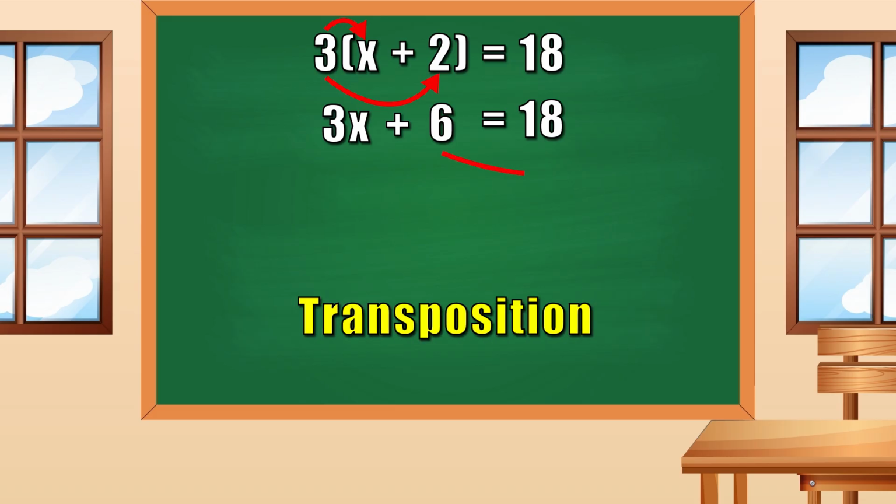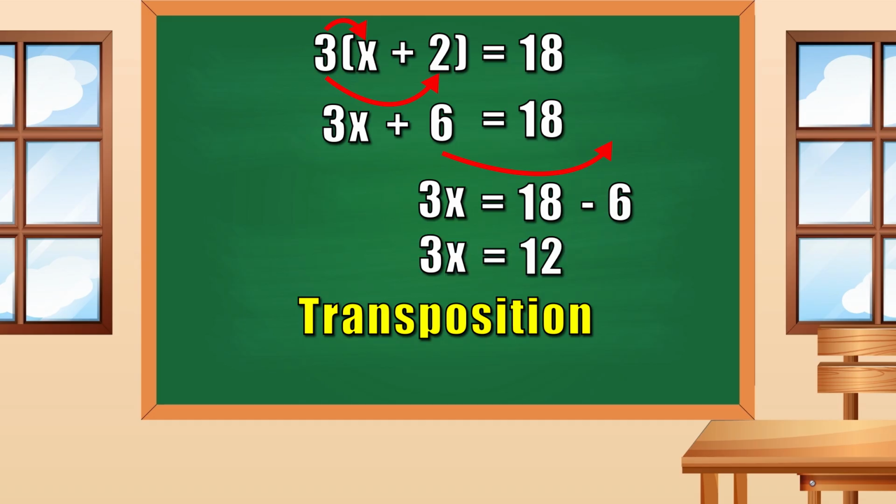We will transfer the constant 6 to further isolate the variable. So positive 6 will become negative 6 when you move it. So it will become 3x is equal to 18 minus 6. 18 minus 6 is equal to 12. But we still need to isolate our variable further.